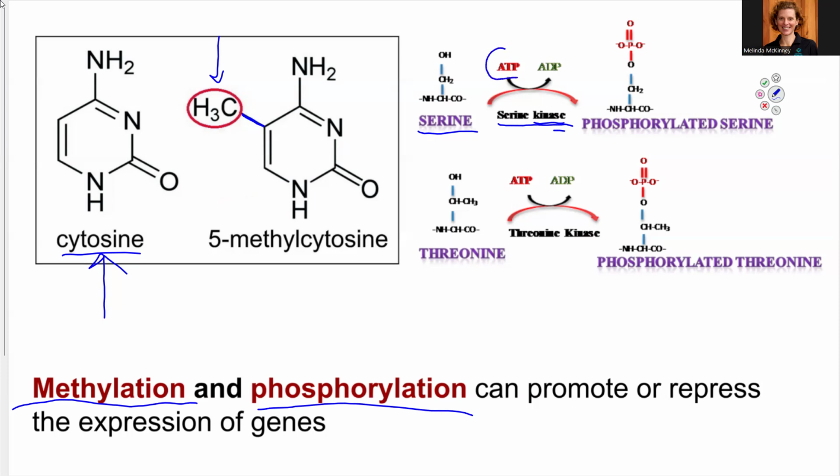So it's taking adenosine triphosphate. The phosphate group is going to be transferred. Oh, it's actually up here. So that's the phosphate group, that's the P. So then the adenosine triphosphate turns into adenosine diphosphate, and the phosphate group goes over here. So that action also is associated with epigenetics. All right, that's it for this video.